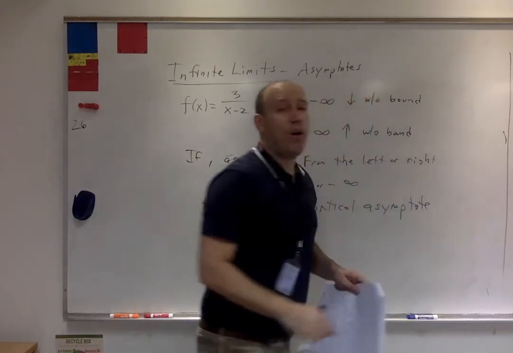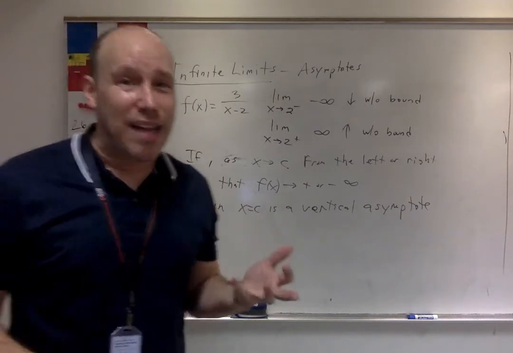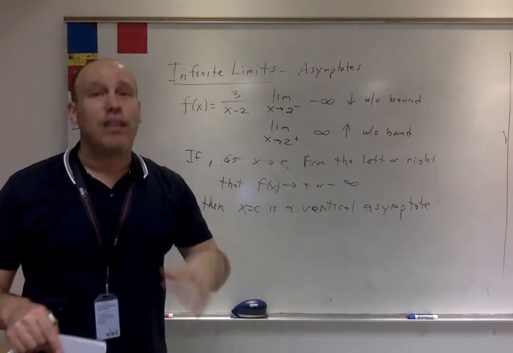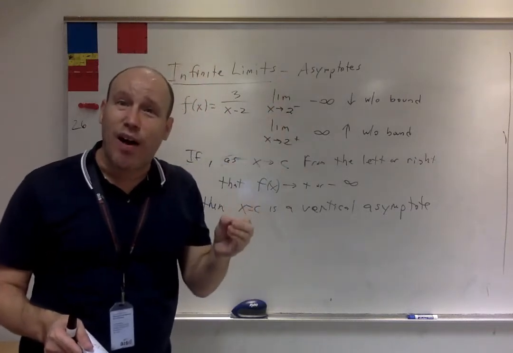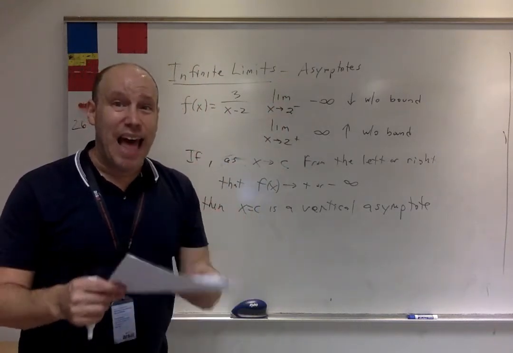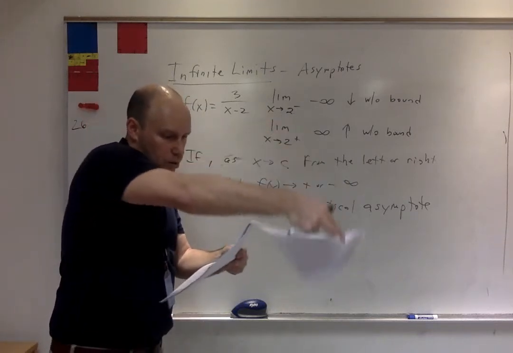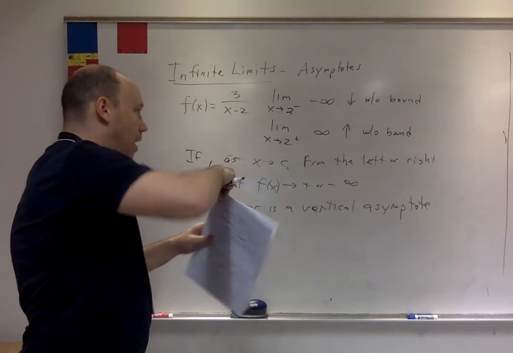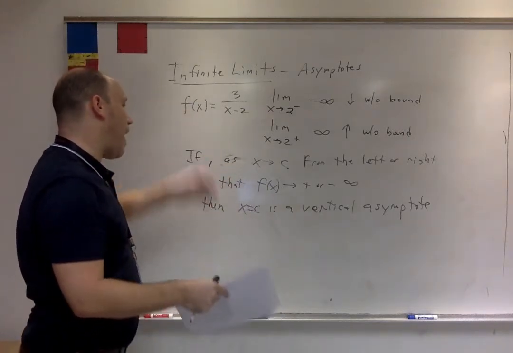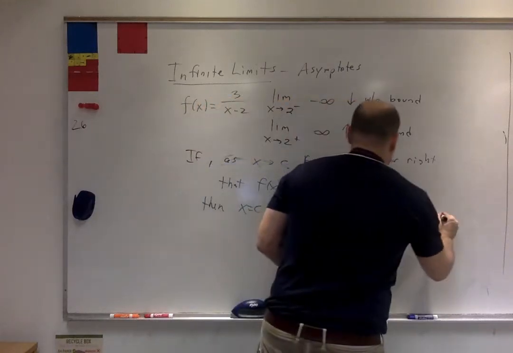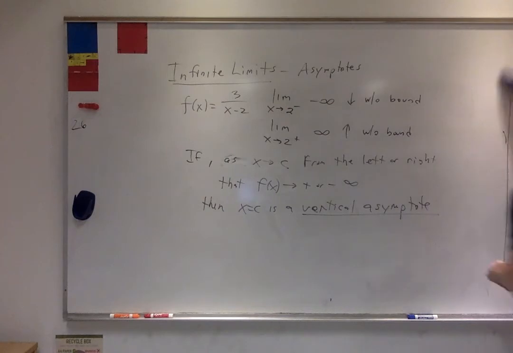Now we have a more mature, sophisticated language for asymptotes. If the function is unbounded as it approaches an x value, we say that x value is an asymptote. That's very straightforward. So that's our vertical asymptotes.